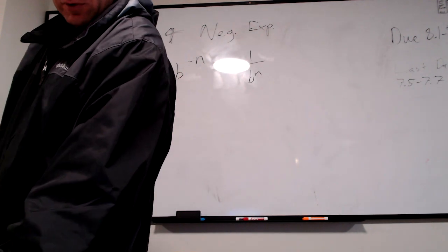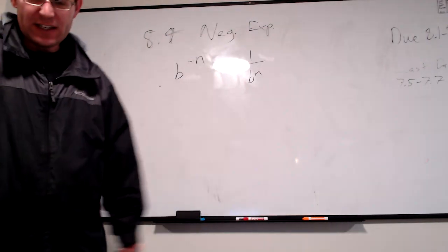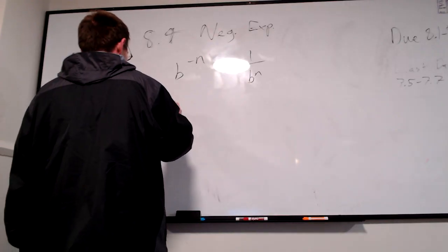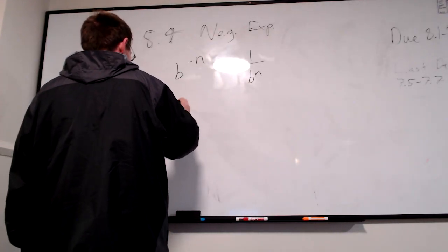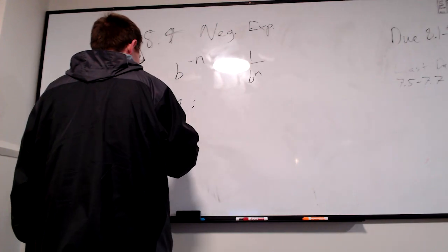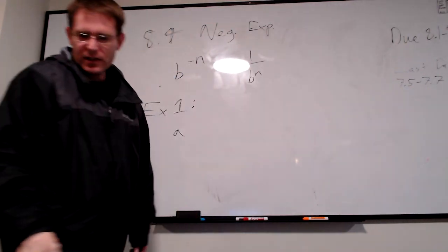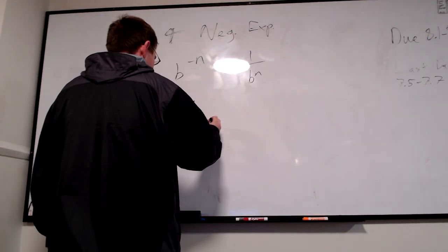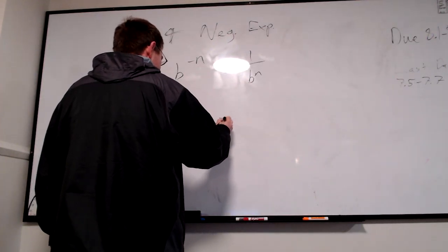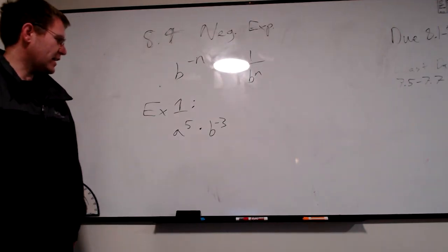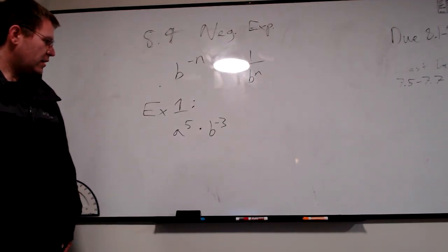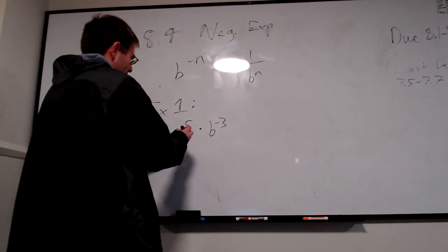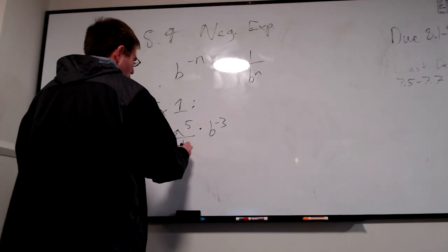So for an example, let's try this. I'll call it example 1. Say we have a to the 5th times b to the negative 3. This is the same as writing a to the 5th over 1.